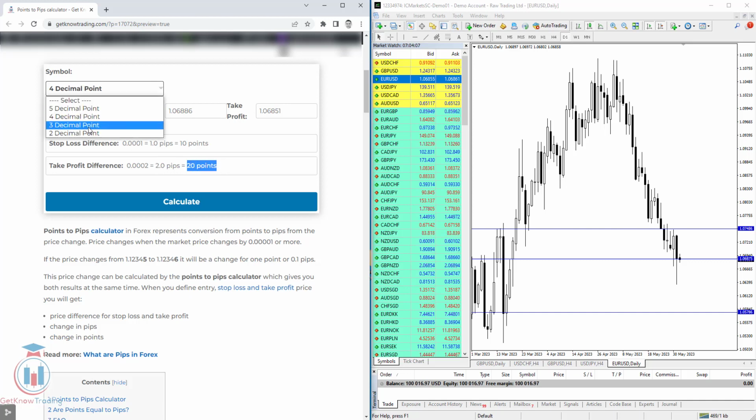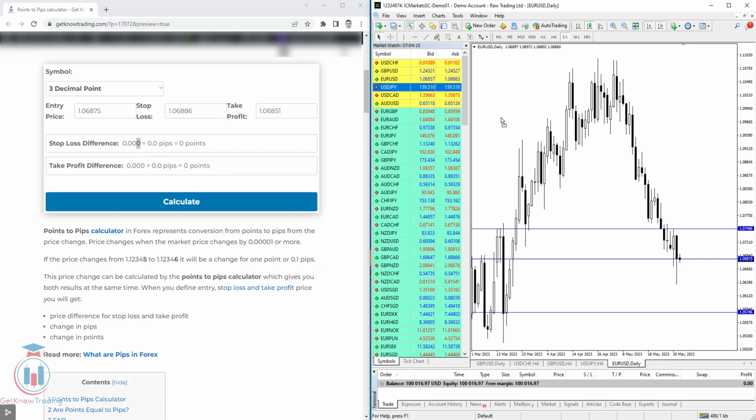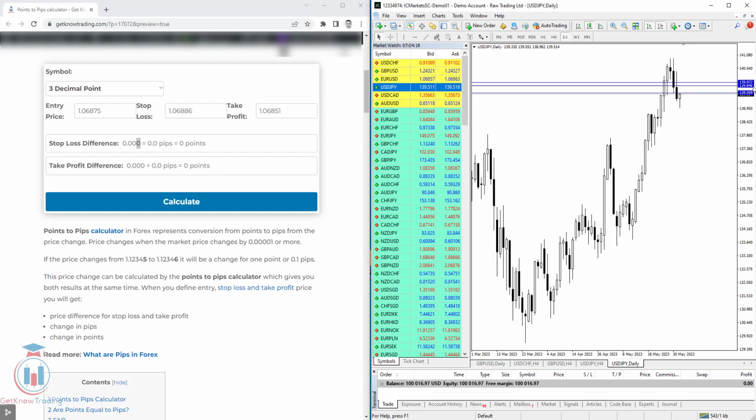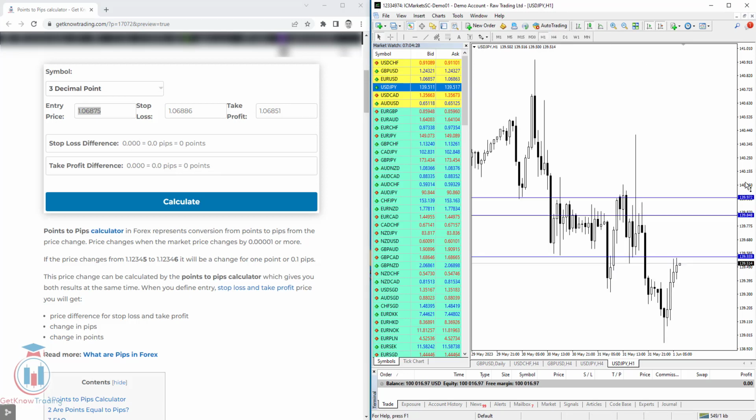If you put here a 3 decimal point, this will mean that this is change on the third decimal point is equal to 0. So if you have, for example, USD Japanese yen, which is also a 3 decimal point symbol, you will have the price change visible here in number of pips. So if you put here, let's put this one like this.